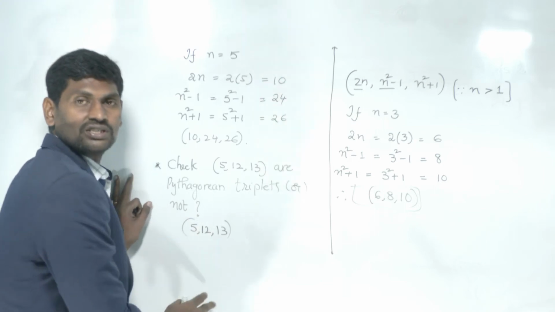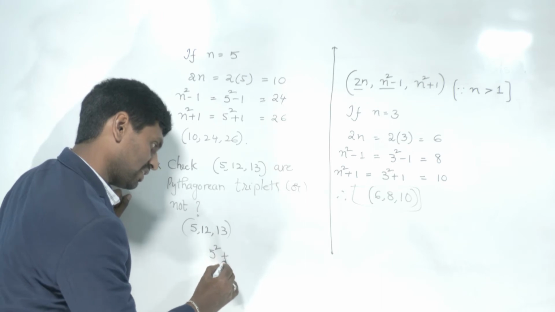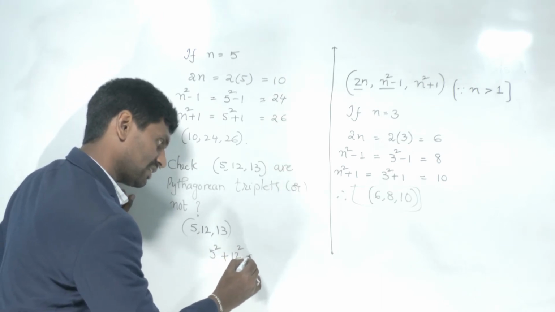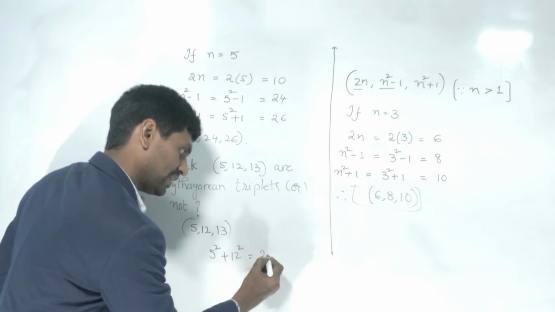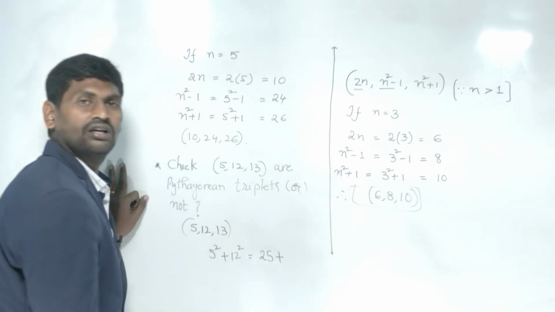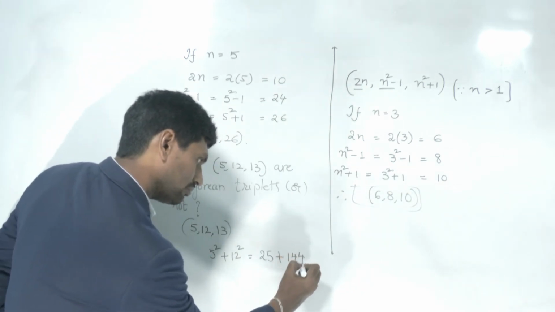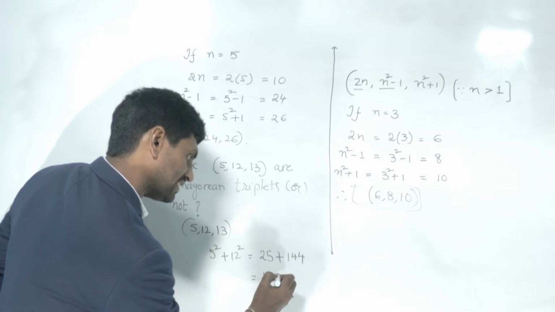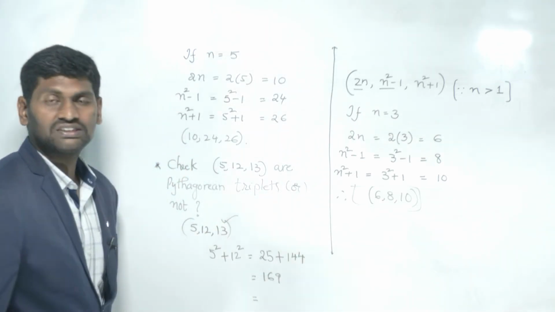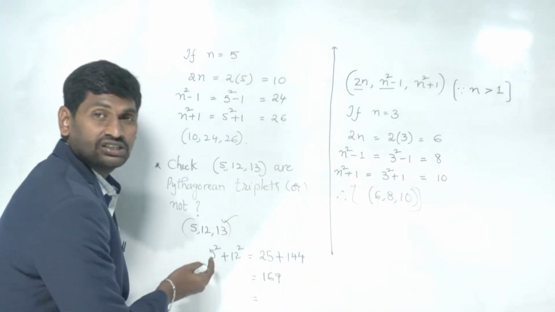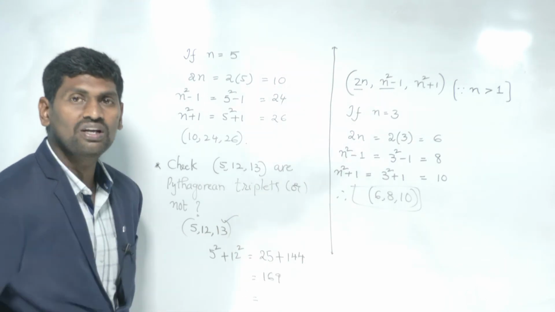First number square, 5 square plus 12 square. 5 square value how much? 25. 12 square value, 12 12s are 144. So answer is 169. So 169 must be what square? 13 square. That means the sum of the squares of the first two numbers gives the third square.